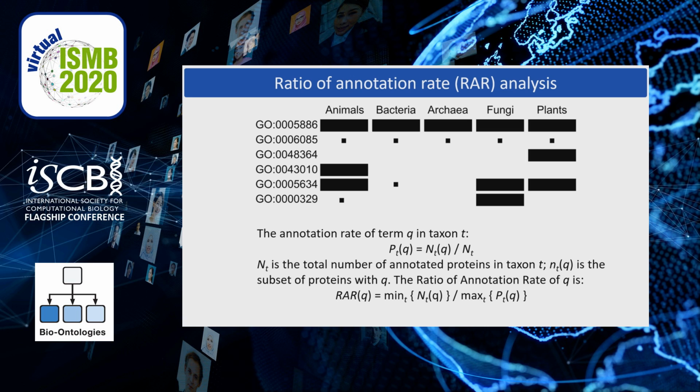The smaller the ratio, the more likely the annotation is incorrect in the taxon with the smaller annotation rate. For example, the last but one function, mitochondrion, is common in animals, fungi, and plants, but very rare in bacteria. Therefore, mitochondrion in bacteria is likely incorrect.